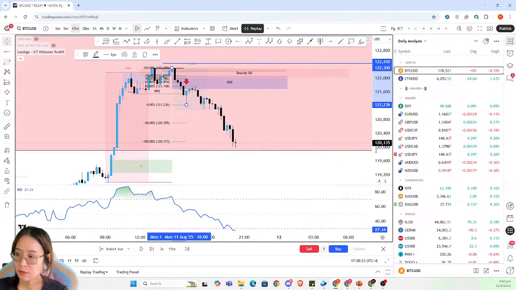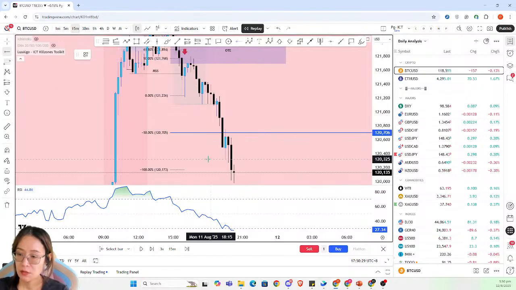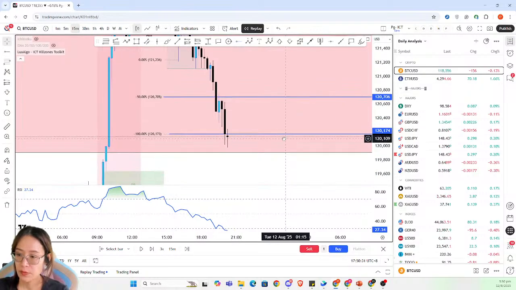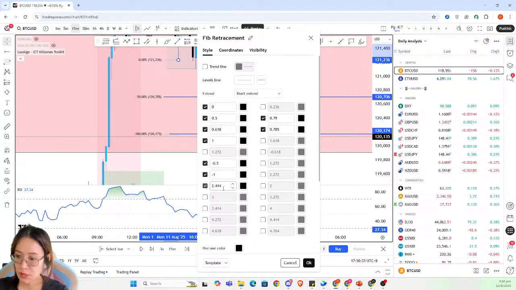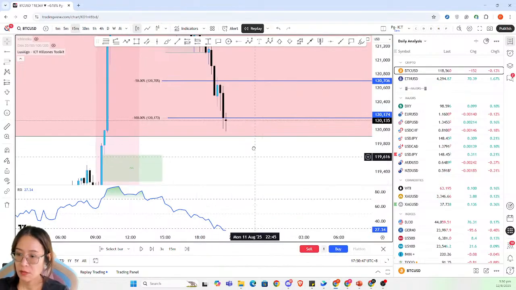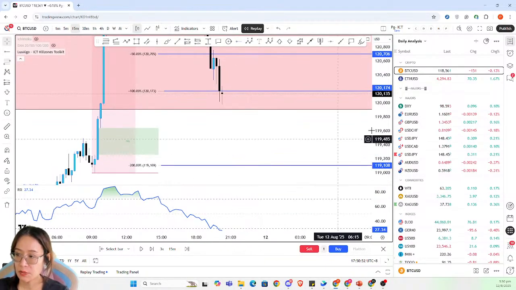This is my TP1 here, TP2 here, and the last TP is negative 200%. It is here. So TP3 is going to be here.